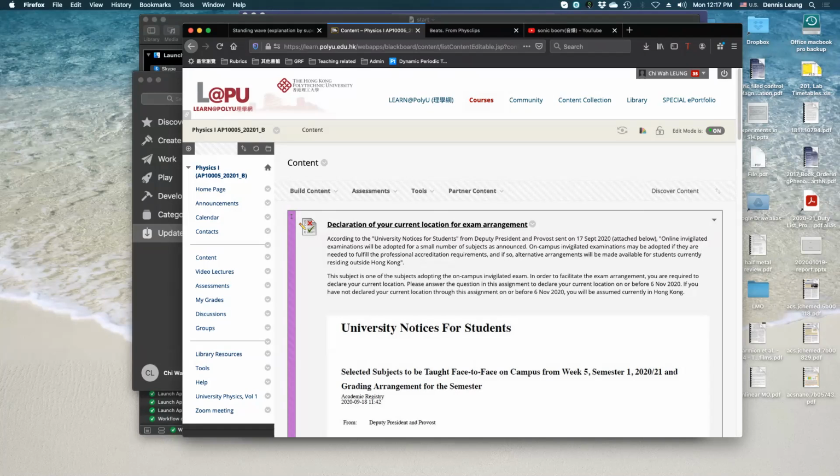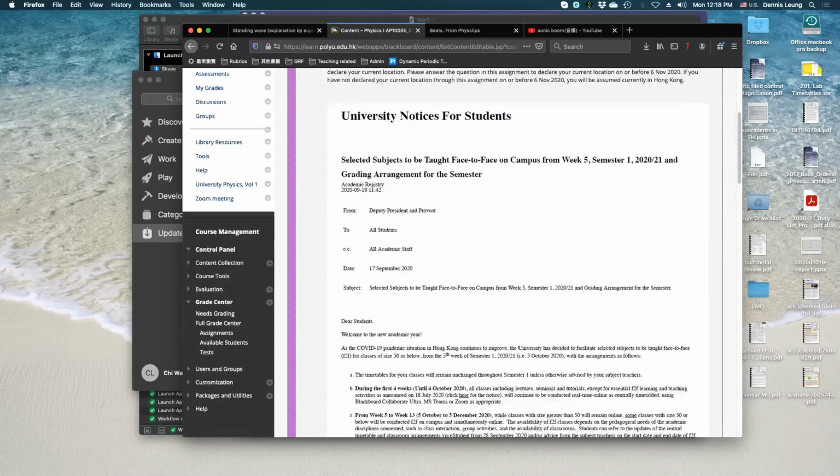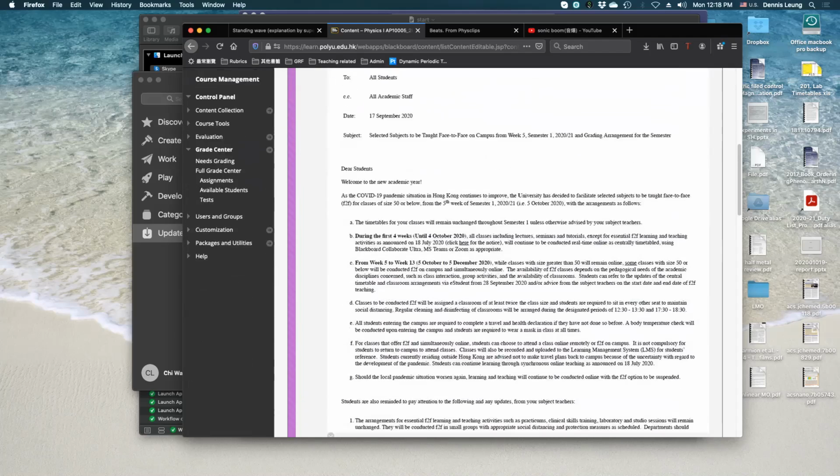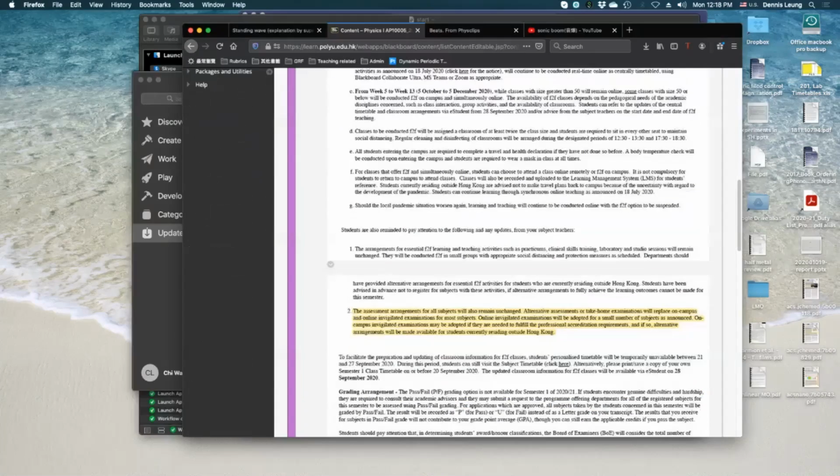And this examination would be an invigilated examination, meaning that you would be supervised by staff or teaching assistants during the examination. According to the announcement of the university management, students in Hong Kong would be required to take the examination on campus.